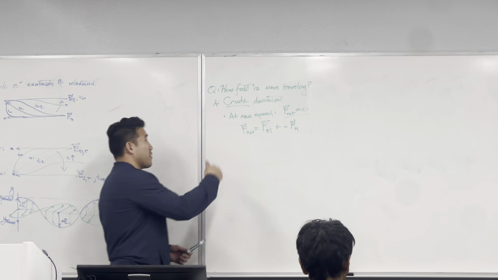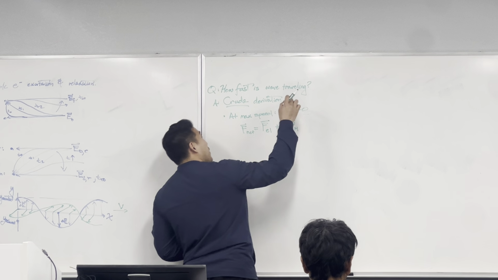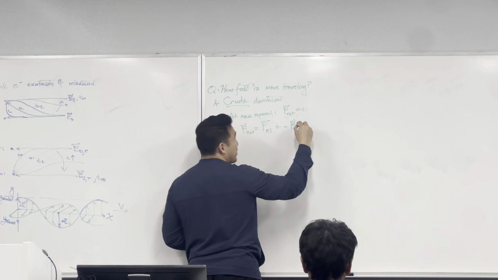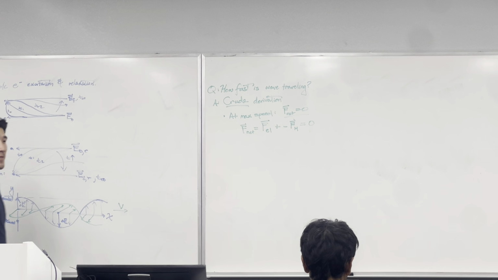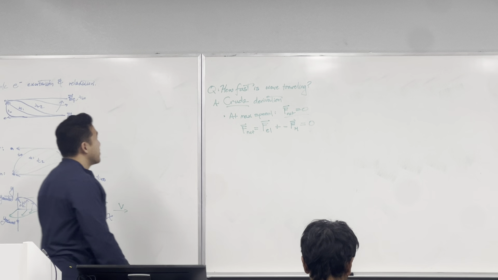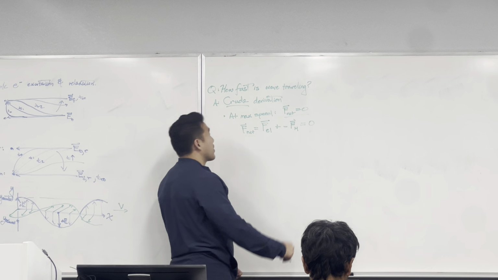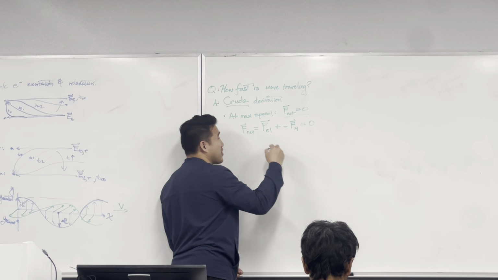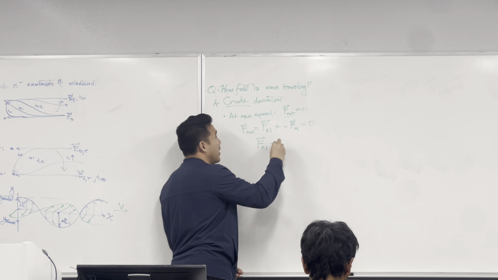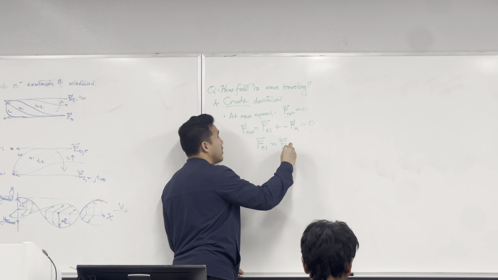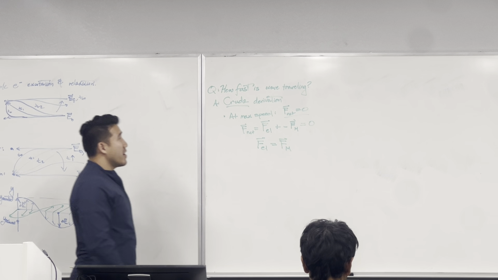Magnetic is resistive, so that's why it gets the negative. And because it's at maximum speed, this has to equal 0. Because this is equal to 0, we know that F electric has to equal F magnetic.